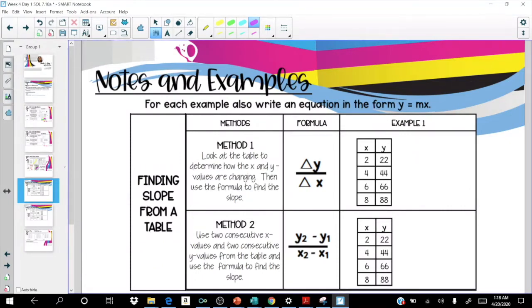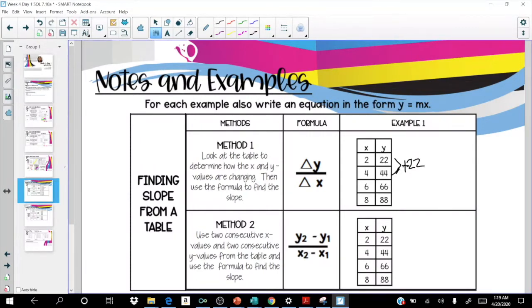So what you're going to do is look at your y values and determine how they are changing. How can I go from 22 to 44? All right. So you can add 22 to get to 44. 22 plus 22 will give you 44.